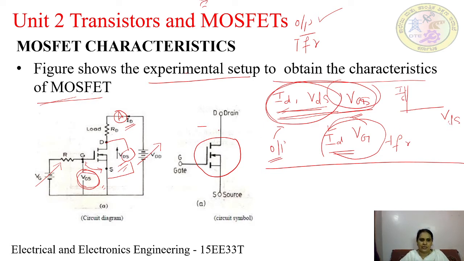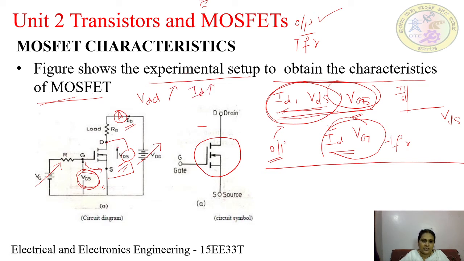So if I vary VDS, change should be there in ID. To obtain these characteristics, I have to vary VDD. Suppose I vary VDD now, so VDD varies and ID starts flowing.